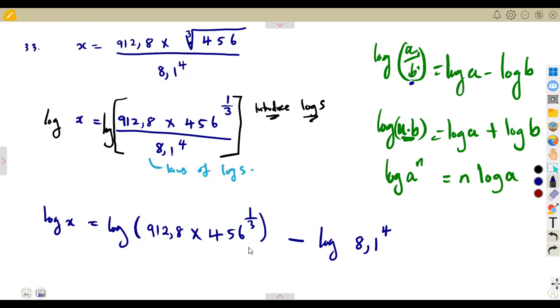But as we have separated, look what is happening in the numerator. There is a product there.